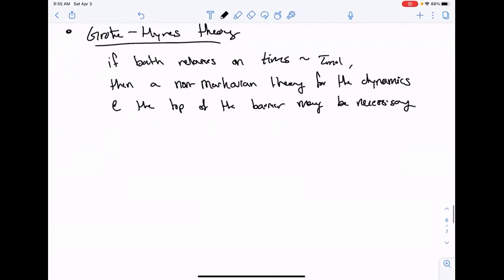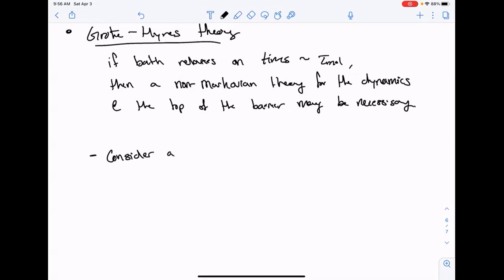So if we have a non-Markovian system, we know how to describe the dynamics of such. That's using a generalized Langevin equation.